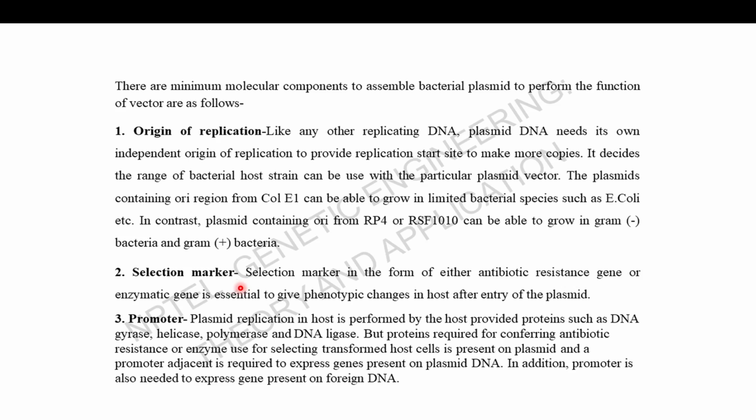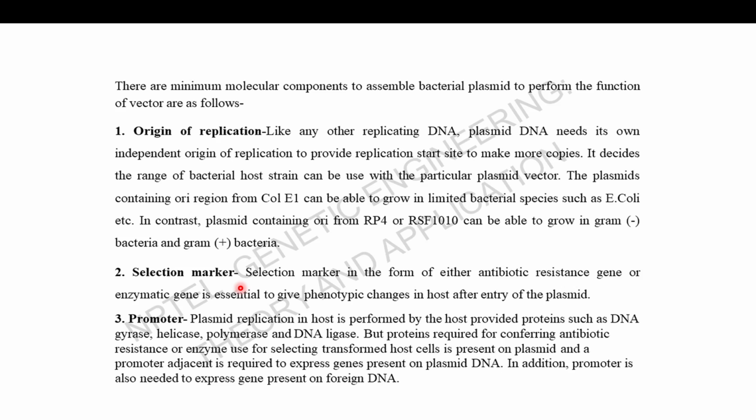So if that plasmid DNA with the kanamycin resistance gene gets inside the cell, then the cell, which did not have the property to show resistance towards kanamycin and could not grow in a kanamycin containing medium, can now, if it has taken up that plasmid, easily thrive in a kanamycin containing medium.